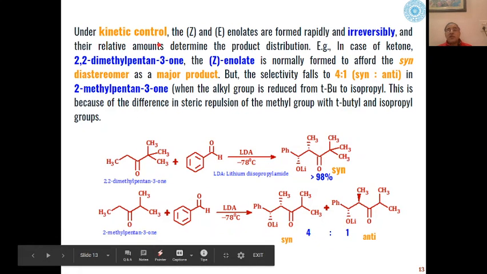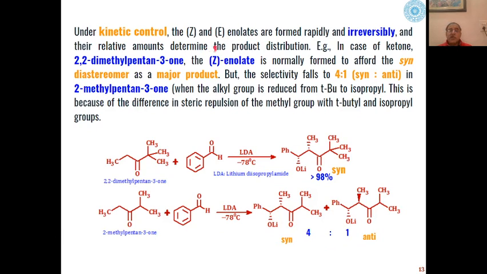Now under kinetic control, the Z and E enolates are formed rapidly, but they are formed irreversibly, and the relative amount of syn or anti diastereomers formed will determine the product distribution.